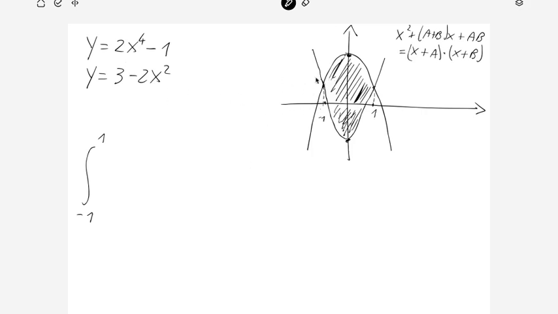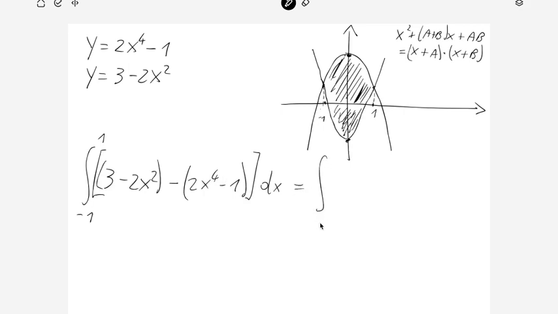The first function is the function which is higher, so 3 minus 2x squared, minus the second function, 2x to the 4 minus 1. Perfect. And now we can solve.